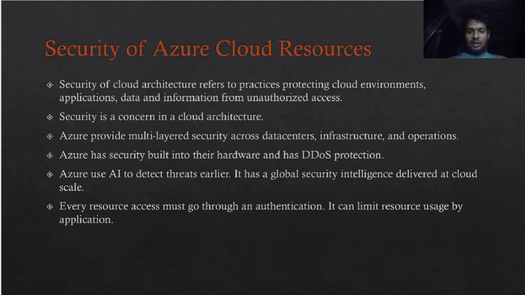Also, it provides hardware security and DDoS protection. Also, it has artificial intelligence detection of threats earlier. It has global security intelligence delivered at cloud scale. Also, every resource access must go through authentication.